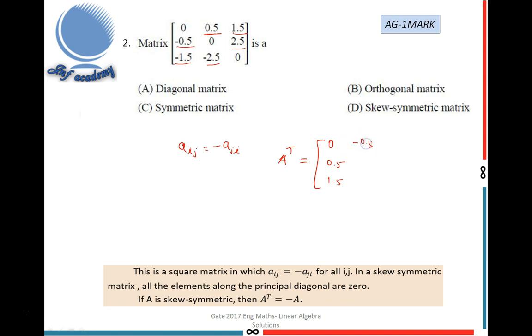The second row becomes the second column: minus 0.5, 0, 2.5. The third row becomes the third column: minus 1.5, minus 2.5, 0. Here I take the minus value outside. Finally I got 0, 0.5, 1.5, minus 0.5, 0, 2.5, minus 1.5, 2.5, 0.